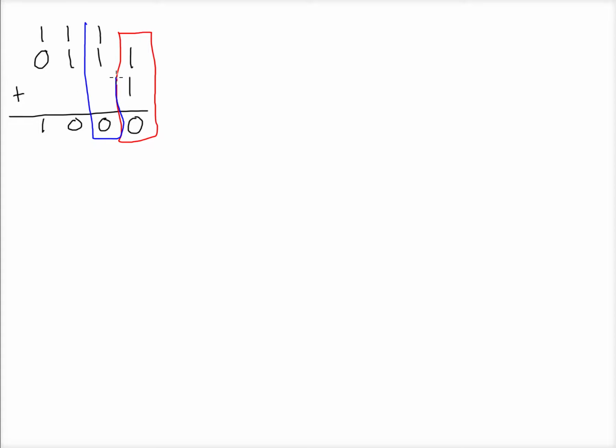I'm going to do the half adders in different colors, so this is more visually pleasing and hopefully easier to understand. We're going to do the third one in green, so our third half adder is going to take care of this third column. And then our fourth half adder is going to be this ugly yellow color, and it's going to take care of this last column right here.